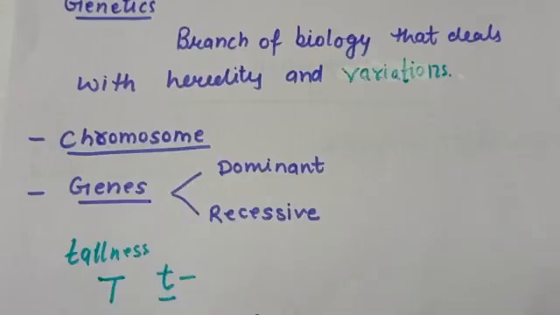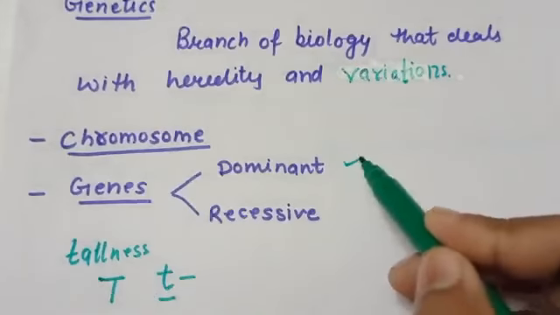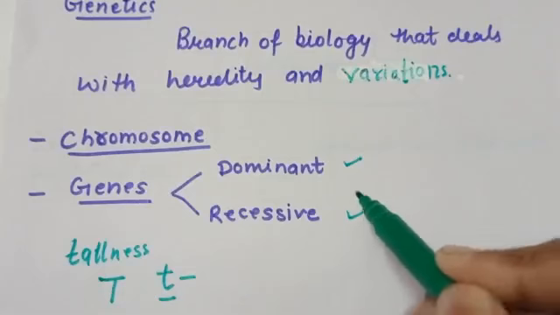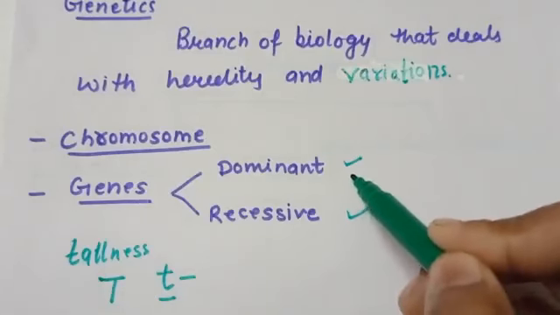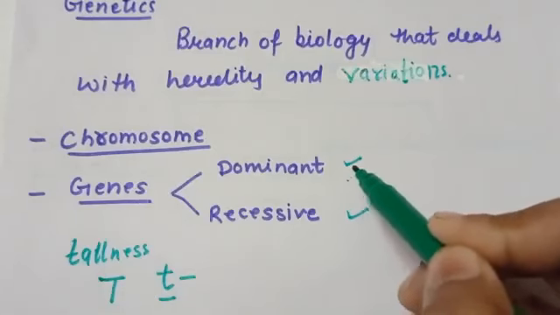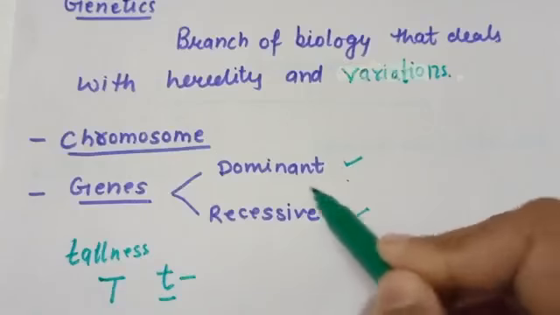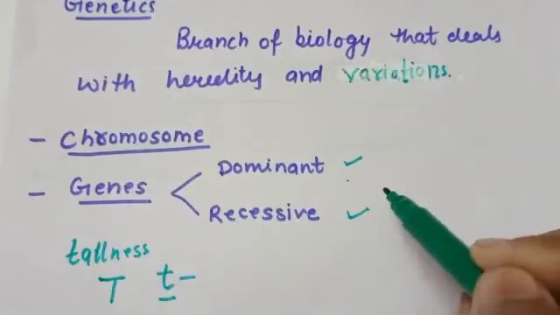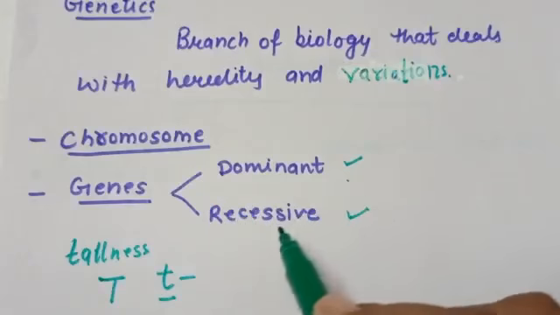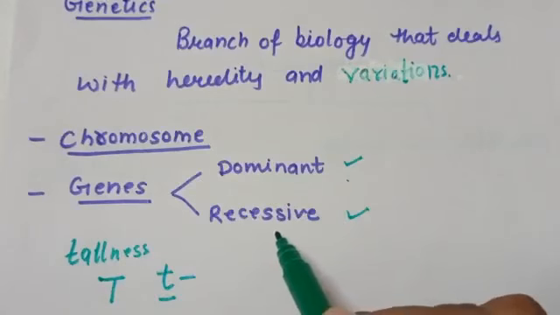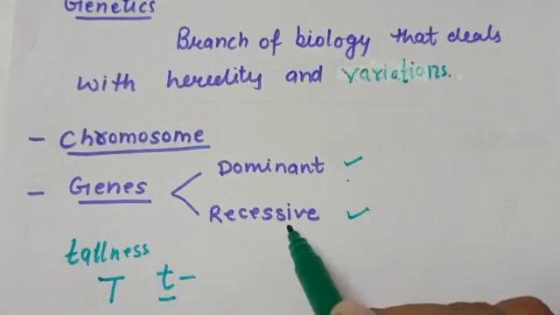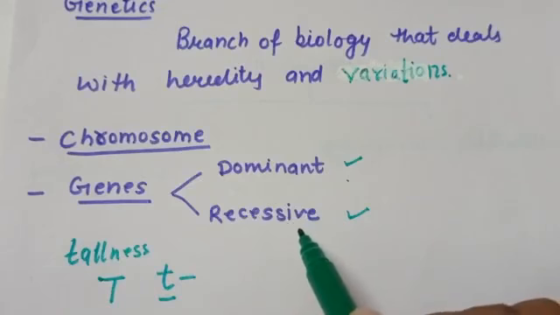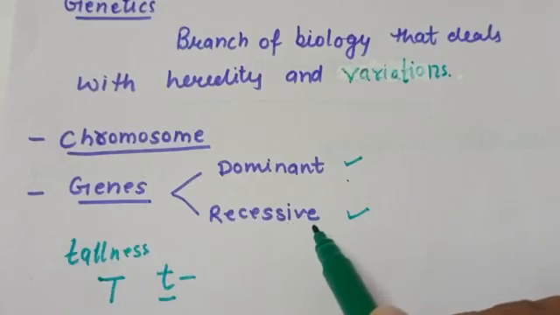They can be, for example, if we take the gene of tallness, dominant or recessive. A dominant gene decides the appearance of an organism irrespective of any other gene present, whereas a recessive gene decides the appearance of an organism only in the presence of another similar, identical gene.